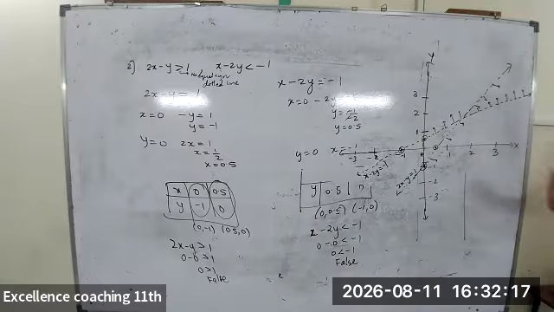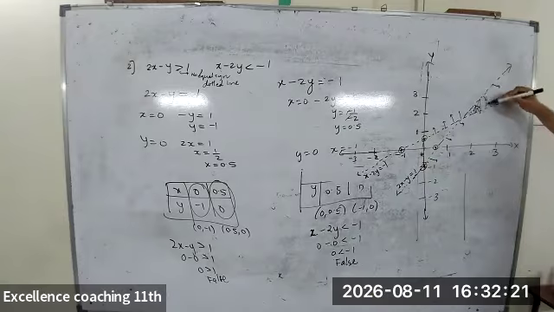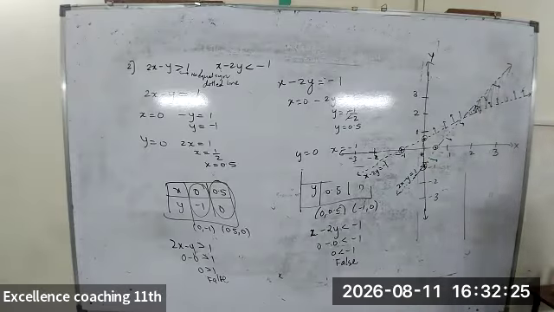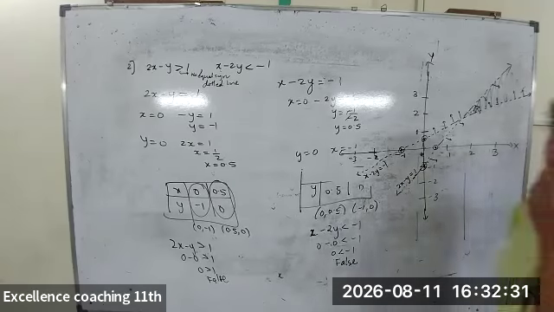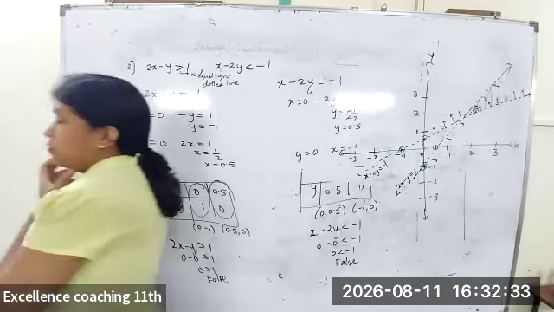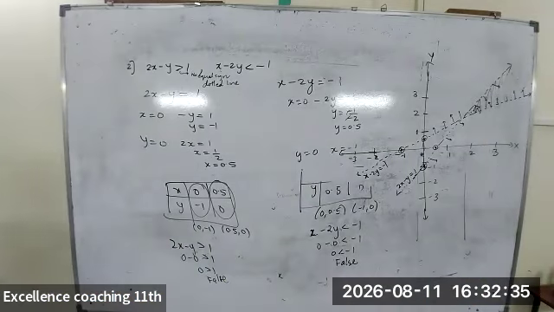Now which is that area which is common? This you cannot shade, so it will continue. It's an open area. So that's your answer. You're done, you can do the next one.